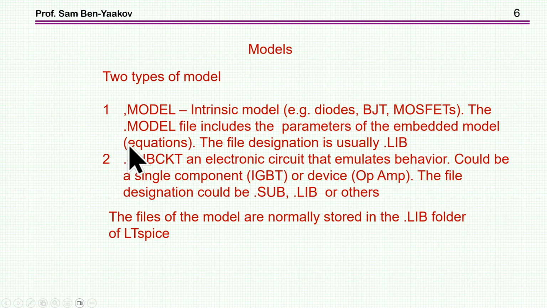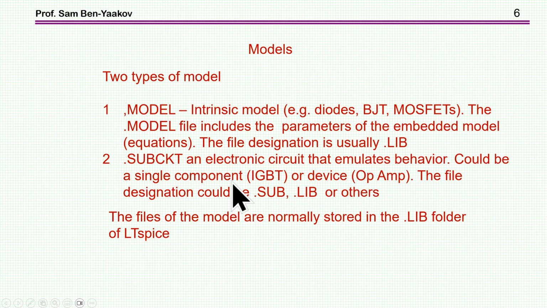And there's another type of model, which is the subcircuit, which is actually an electronic circuit that emulates the behavior of a component or a circuit or a block, like an operational amplifier. It could be a single component, like an IGBT or operational amplifier, or a more complex system like a DC to DC converter.